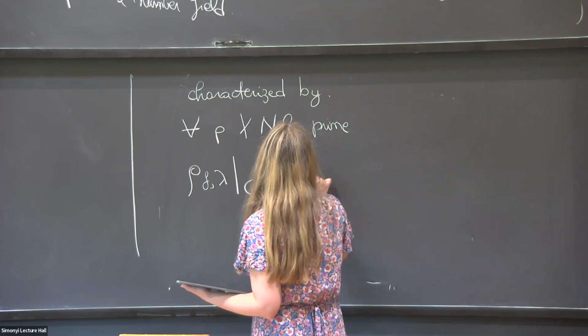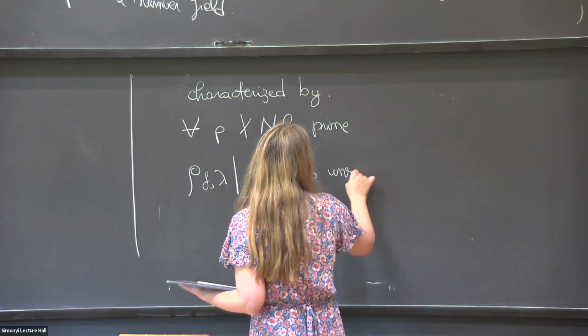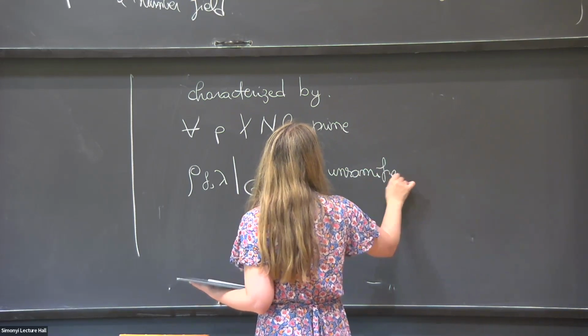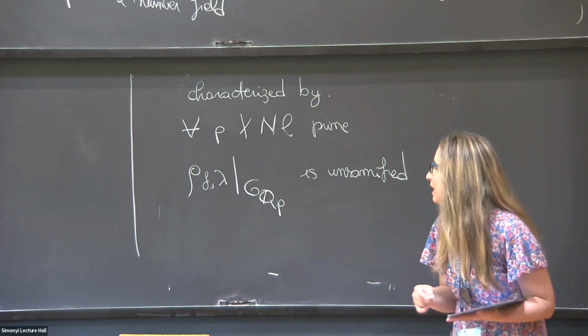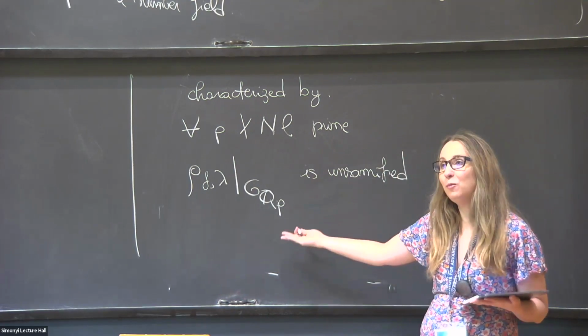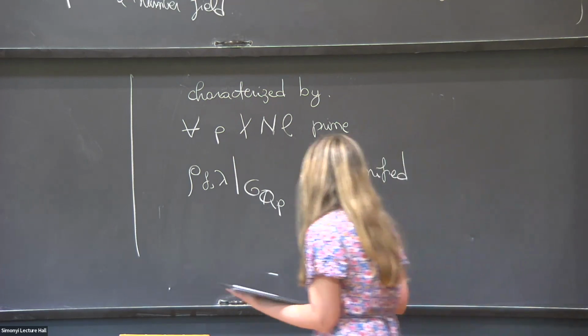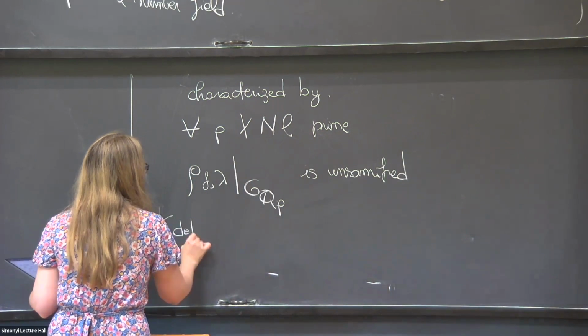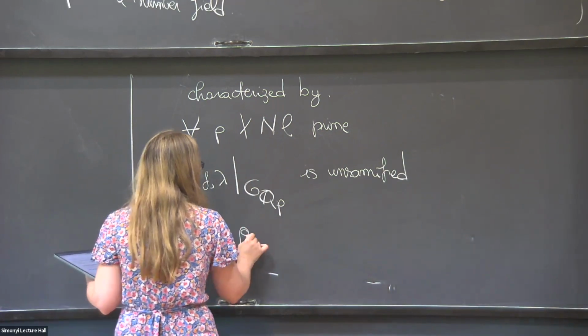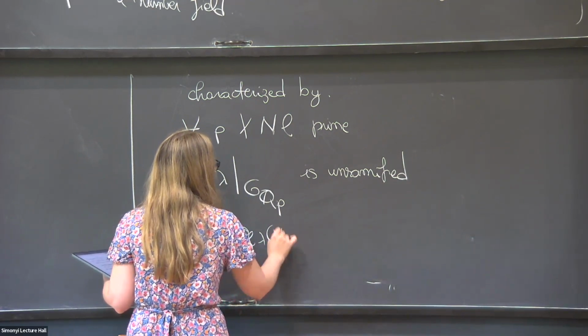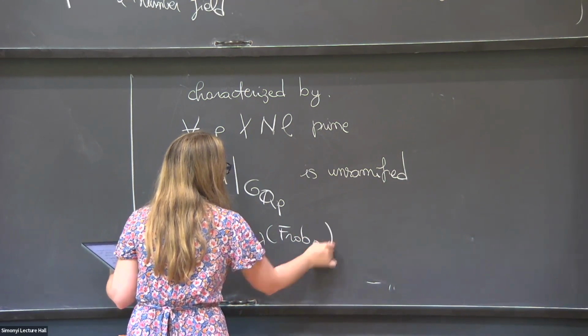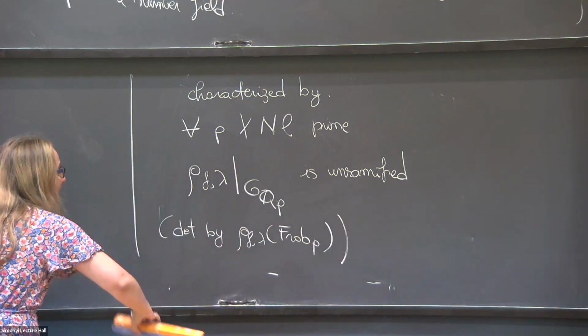And then this is unramified, which means it's as simple as you can hope for. In fact, it's just given by one 2x2 matrix that's evaluated at this conjugacy class, which is the Frobenius. So it's determined by rho f lambda evaluated at the Frobenius conjugacy class.